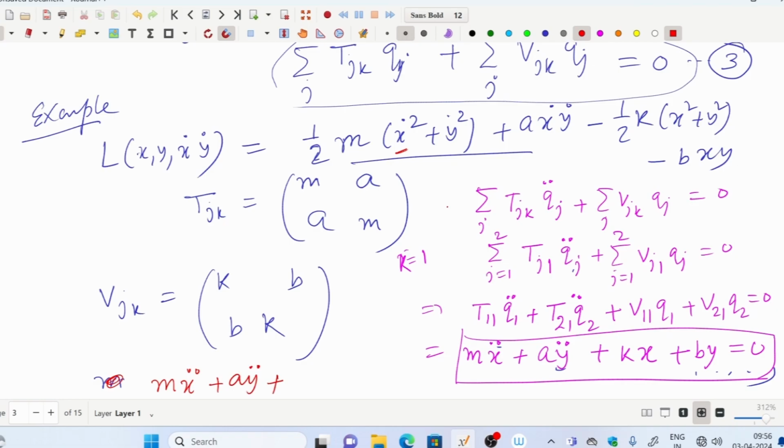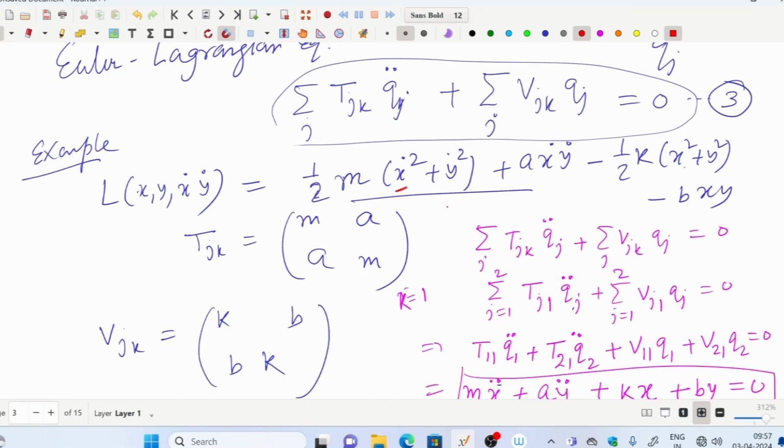Now del L del x comes from here, so, since there is a minus in the Lagrangian, plus k x, there is an x term here, plus B y equal to 0. So the equation I am getting from the matrix relation, equation 3, is exactly the same. I hope you have understood this.